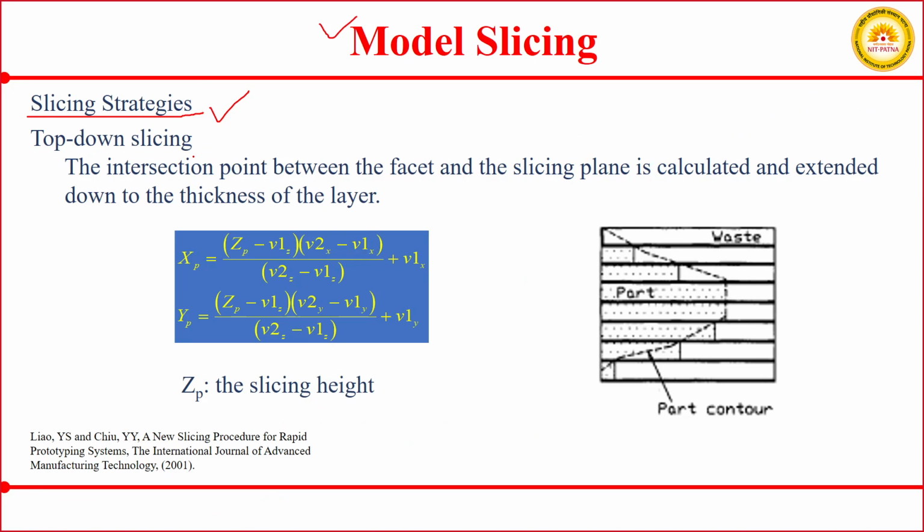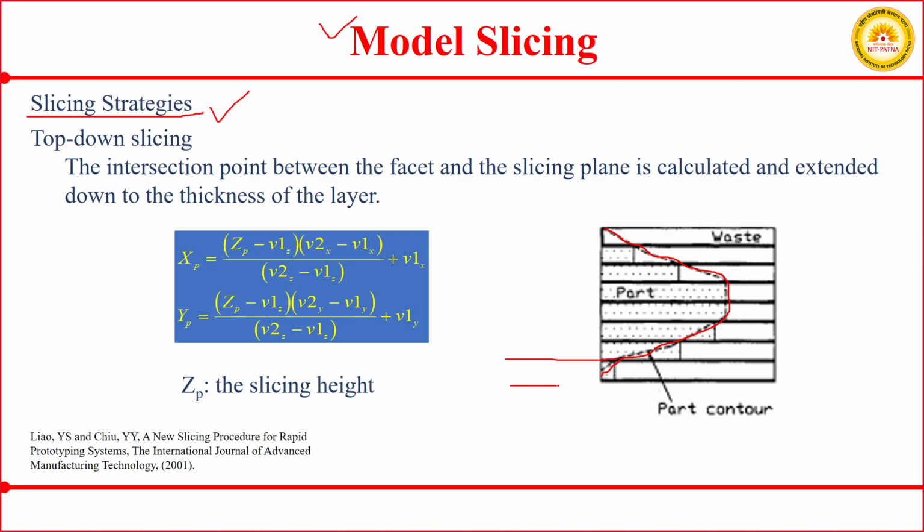In the top-down slicing approach, suppose this was our actual profile that was supposed to be created using our 3D printer or AM machine. What we are doing is discretizing, dividing the whole part into 2D structures, or you can say 2D contours of your given CAD model.